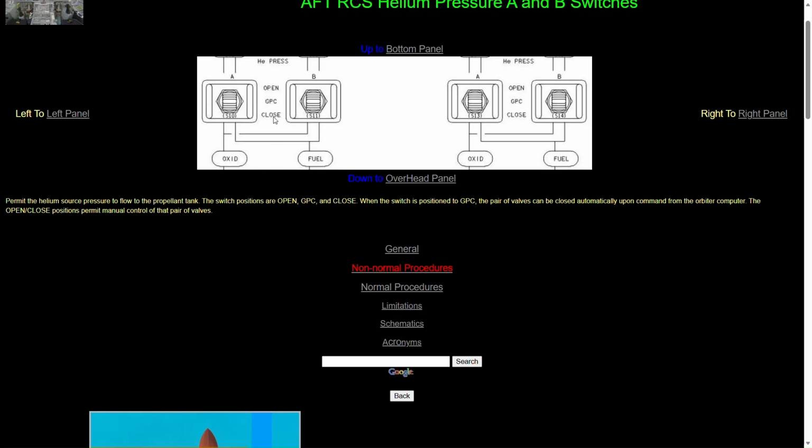And then we have a GPC here. When the switch is positioned at GPC, the pair of valves can be closed automatically upon command from the orbiter computer. GPC stands for General Purpose Computer, and that is where the computer is controlling it.